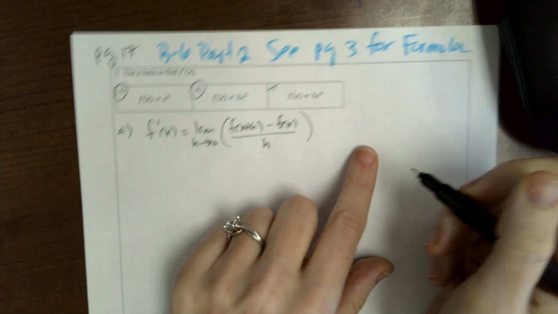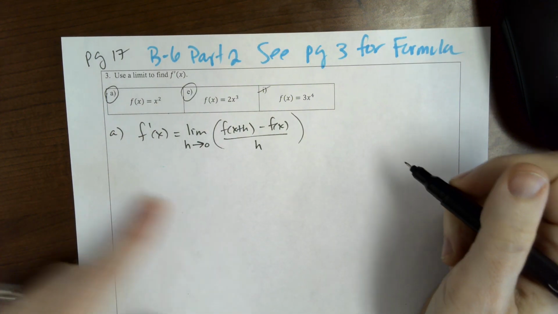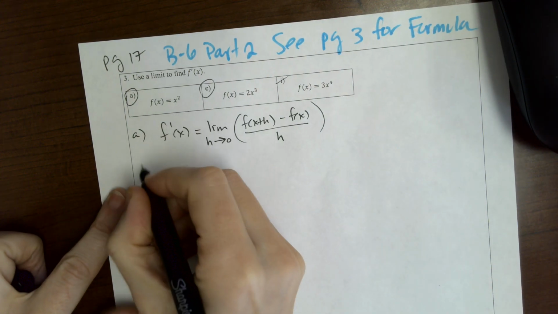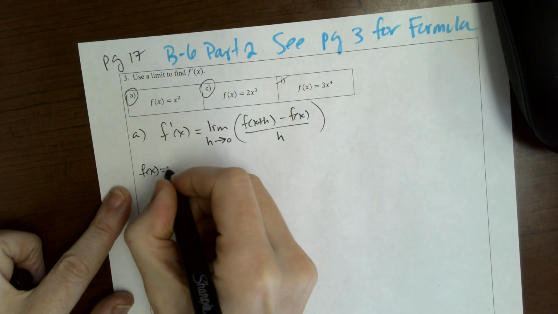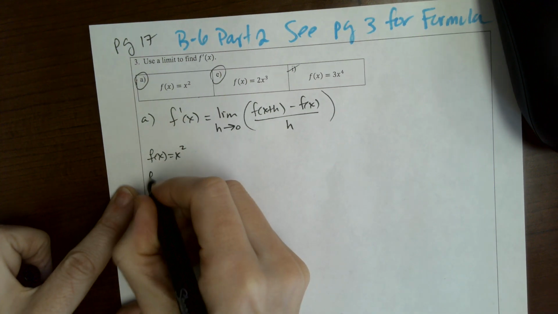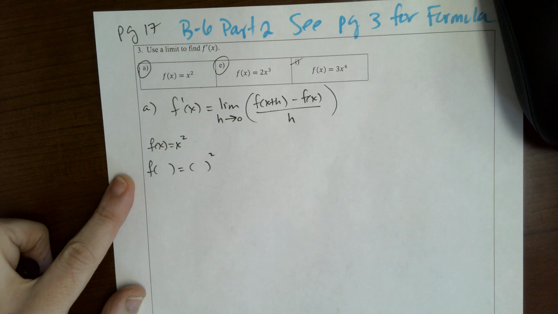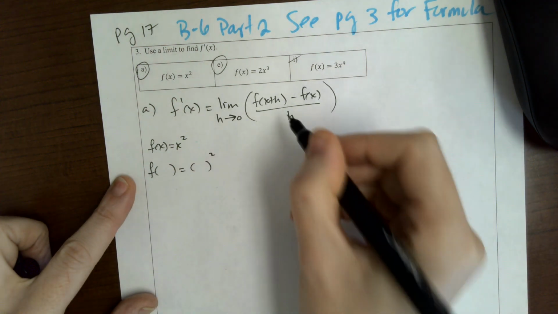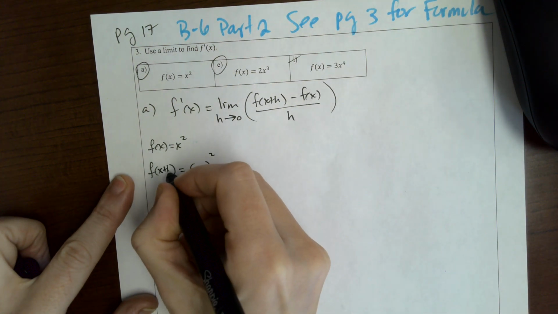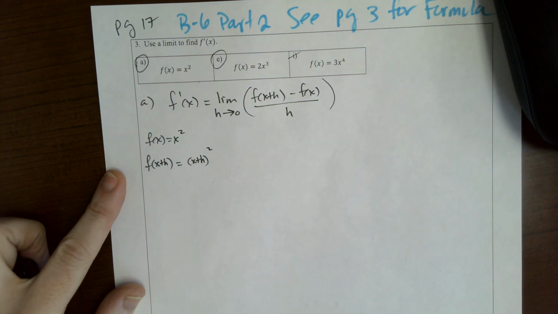Okay, and for this first one here, part A, maybe I'll just do this off to the side. So f of x is x squared. So this function takes any input and squares it. So it's going to do the same thing if we put the binomial x plus h in instead of x.